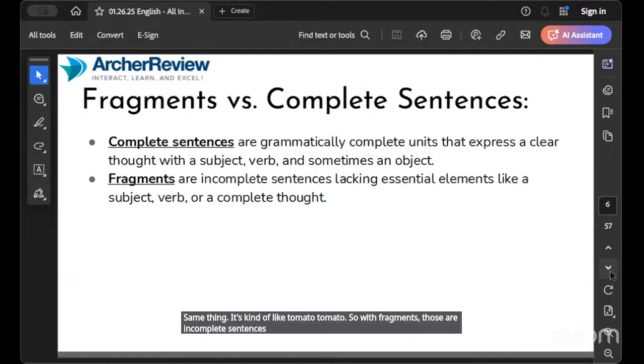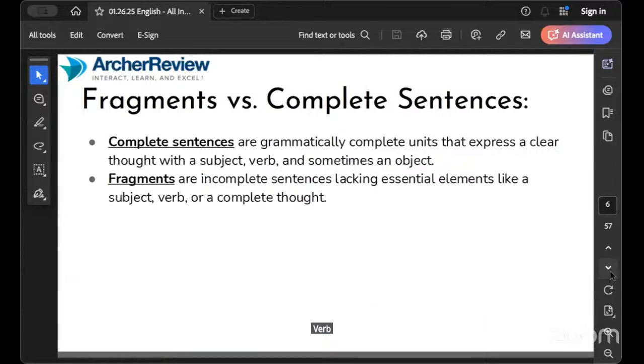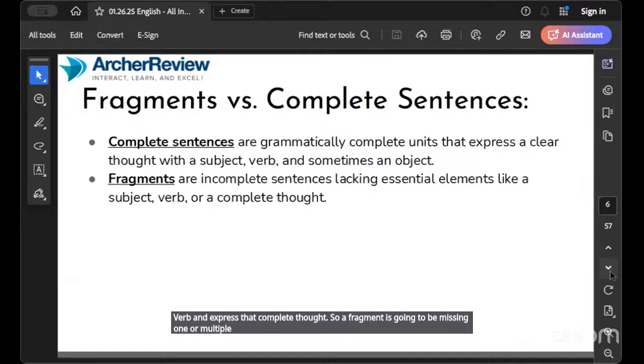That means those units are missing some element that is necessary to make up a complete sentence. And remember, to have a complete sentence, you must have a subject, a verb, and express that complete thought. So a fragment is going to be missing one or multiple components.